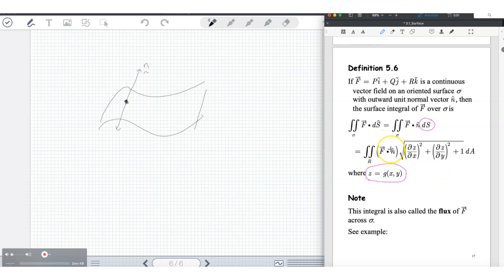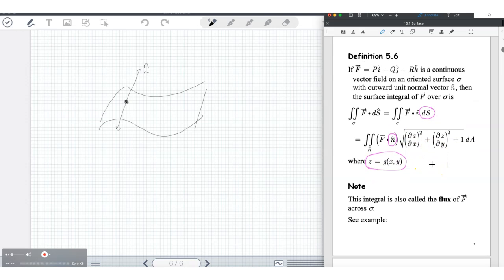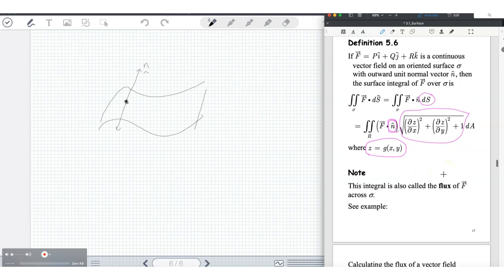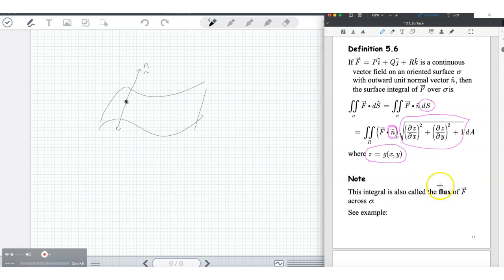But then as I mentioned before, you need to provide an extra step because you have to find the unit normal to the surface given, okay. To get the surface integral for a scalar field, it is enough to only provide this one. But for a vector field, you also need to determine the unit normal to the surface, okay. So this surface integral is also called the flux of the given vector field across the surface given.